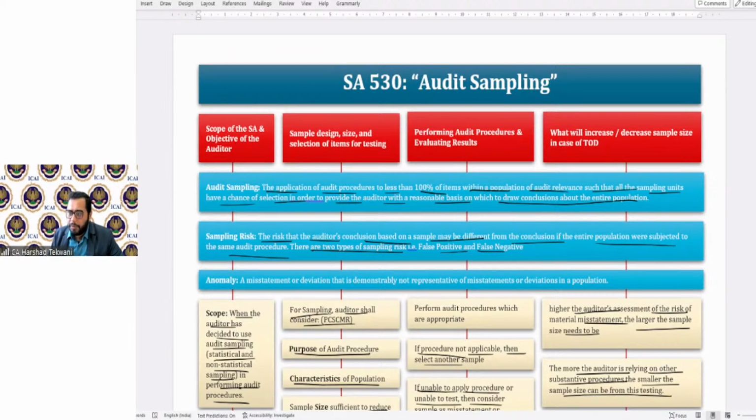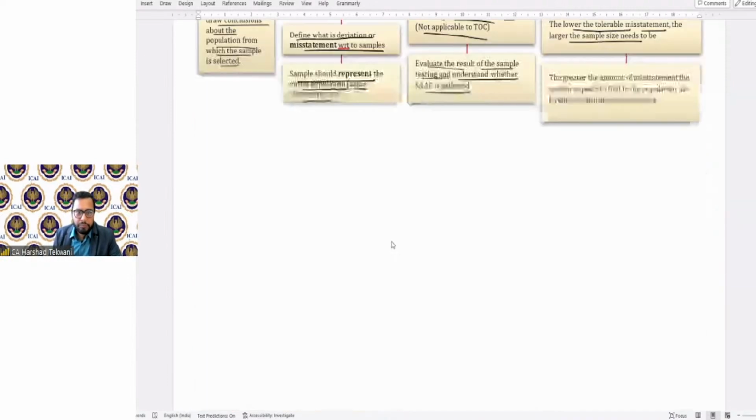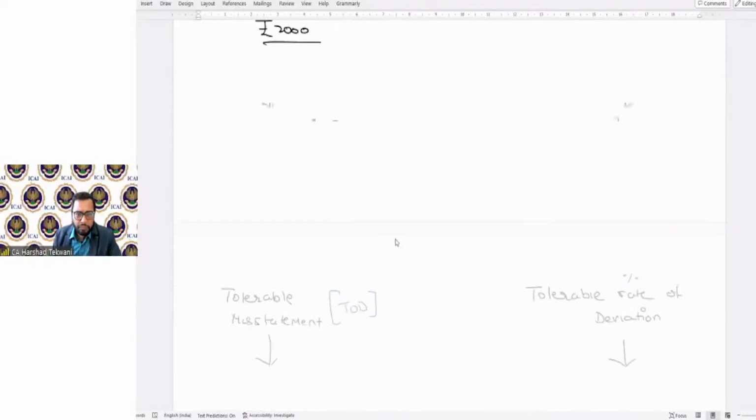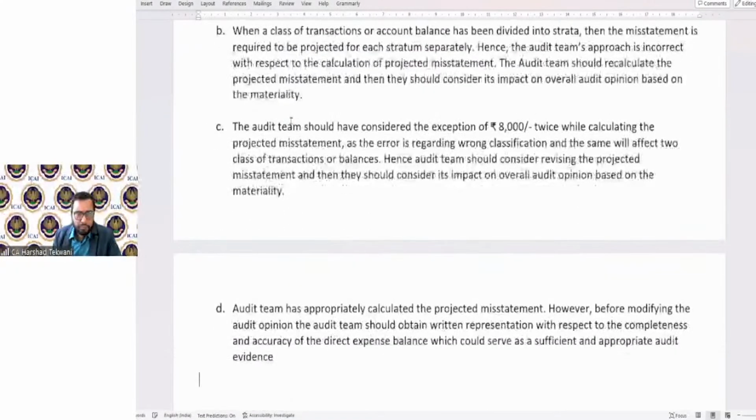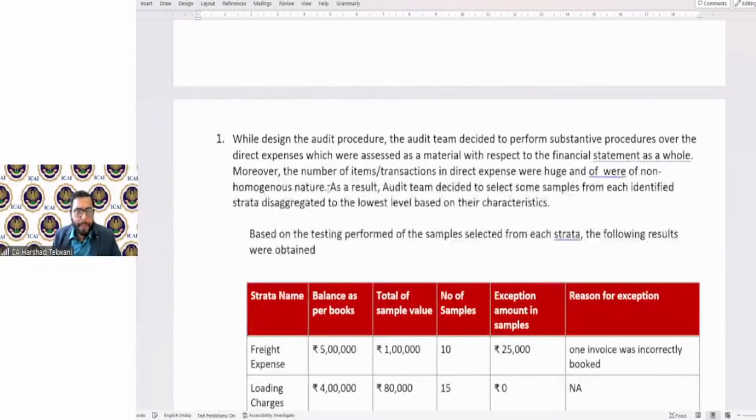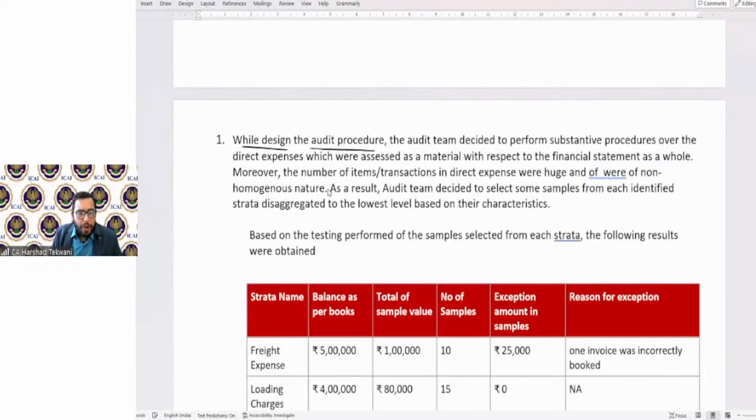While designing the audit procedure, the audit team decided to perform substantive procedures over the direct expenses, which were assessed as material with respect to the financial statements as a whole.